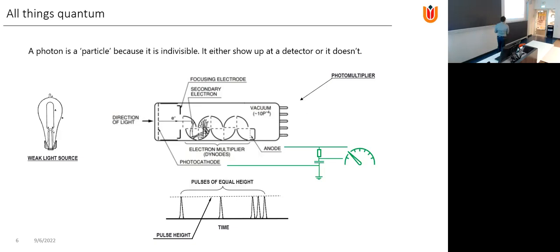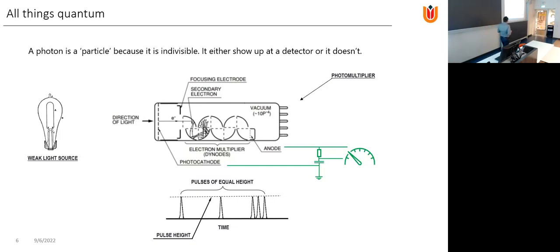A couple of things: these pulses are all of equal height because all these photons are identical. They give the same response, so you get the same pulse height for each photon. They will come irregularly in time. You never know when the light source is going to emit one. So basically, this shows you the particle nature of photons.